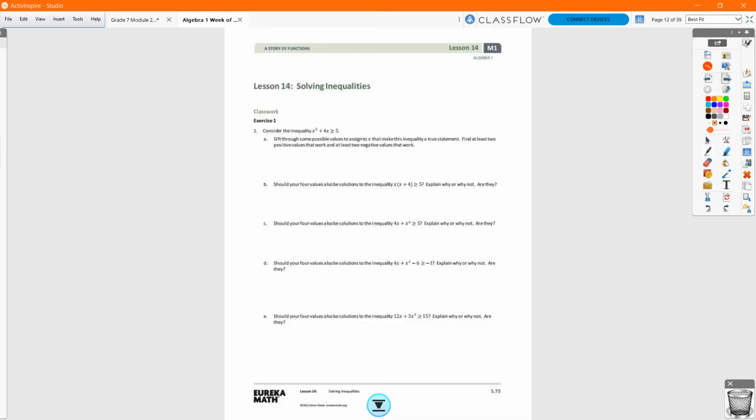All right, so Lesson 14, Solving Inequalities. Here's the problem, okay? Today I was talking to Coach Mullen, and we were looking at the problems together, and we talked it out, and we noticed something very interesting about this set of problems, okay? We really haven't worked with anything regarding quadratics, okay? So x squared is a little bit difficult for us to work out. We got a lot of information in this problem that really makes it difficult for us to solve.